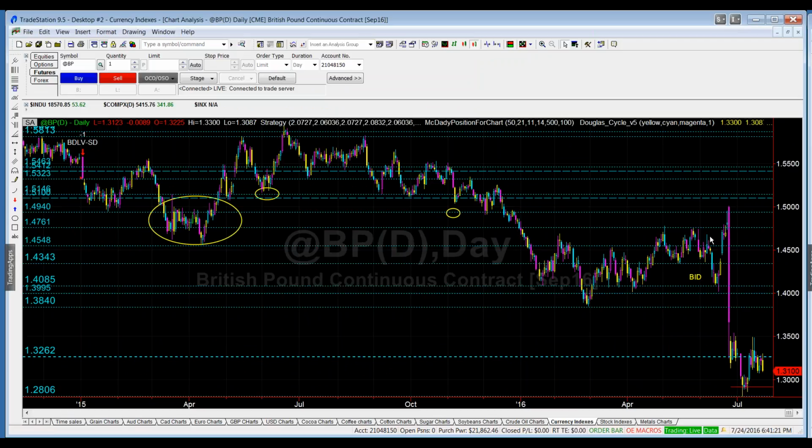But in order to get back up here, John, it has to go above this structural point, and it has to go above all these structural points 1, 2, 3, 4, 5, 6.